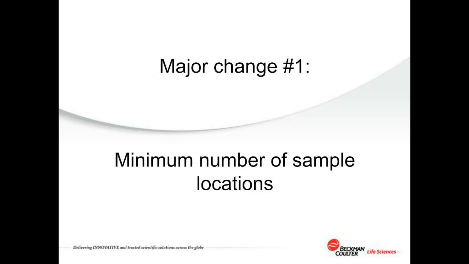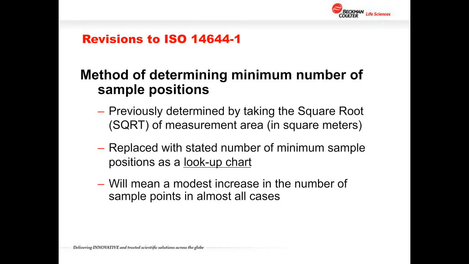So the first major change, and I think the one that's most significant to people, is the minimum number of locations. We've increased those in most cases so that the statistical validity of the sample set is improved. We're trying to find something that gives 95% confidence that the data set you've taken can be extended to the whole room.